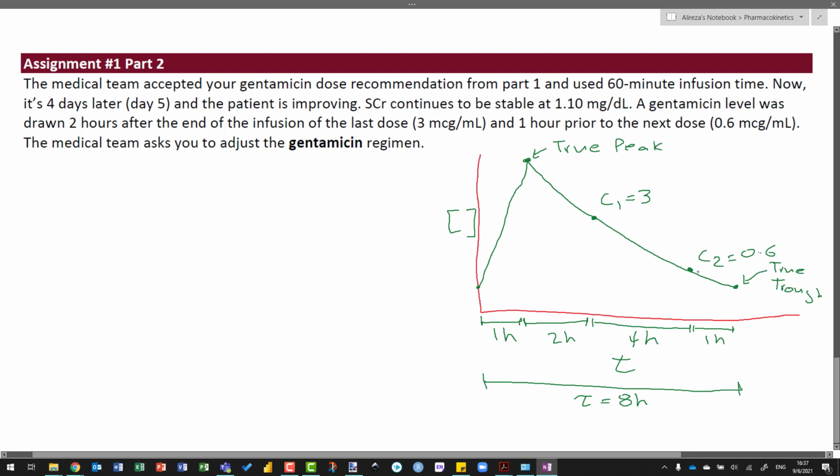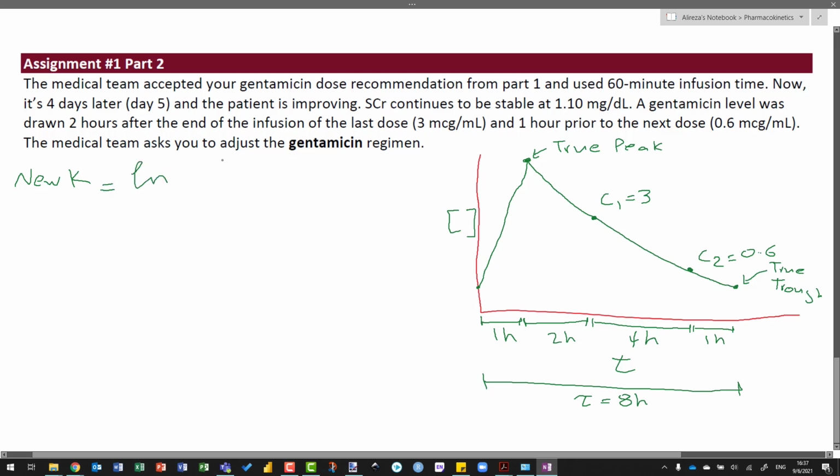So this is important because now we have 2 levels from the patient. The dose that we recommended previously, gentamicin 50 milligram IV every 8 hours, basically was from population kinetics. Now we're going to individualize because we have 2 levels from this patient, so we can actually calculate a new K, which is more precise for this patient.